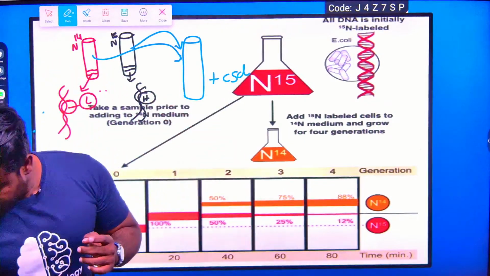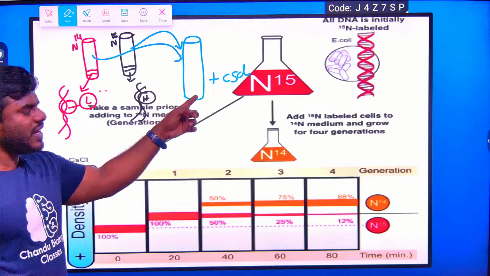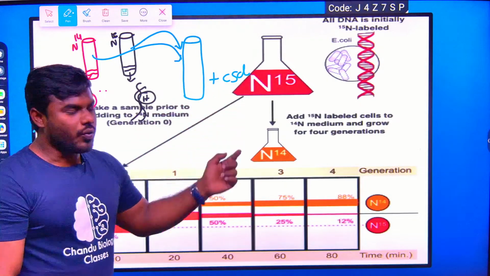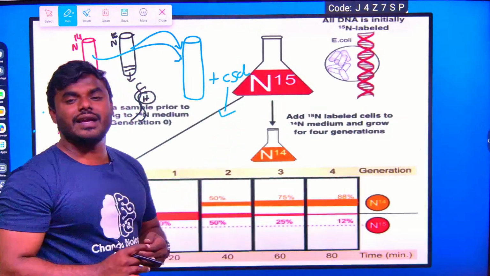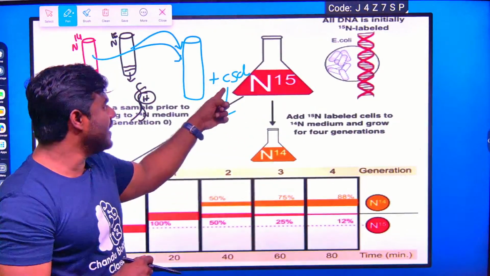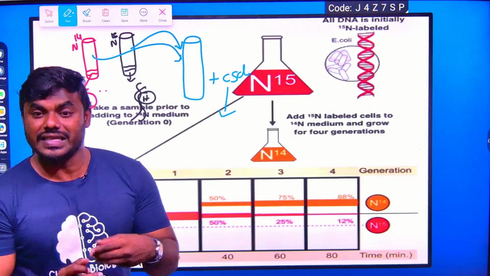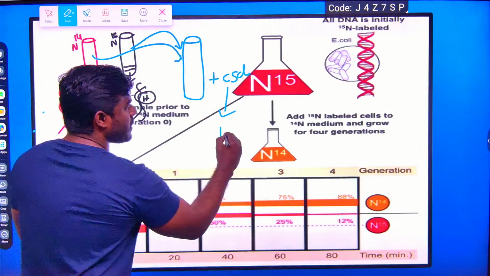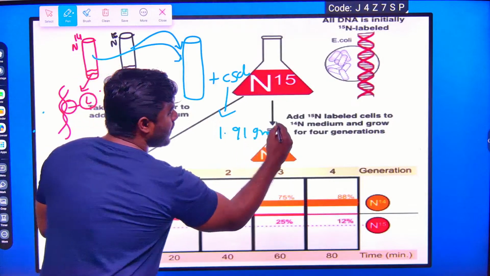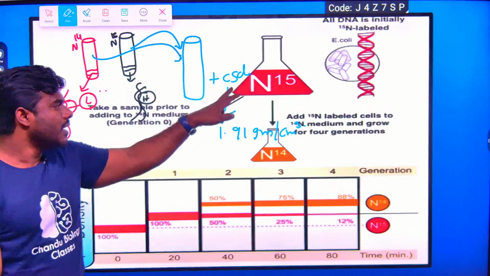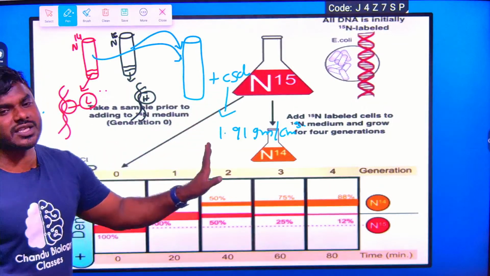Now the question is, we have many salts, so why have we added only cesium chloride? One of the major reasons is that the density of the DNA and the density of cesium chloride are almost similar. Density means weight gradient, which is 1.91 gram per centimeter cube. No need to remember that. Just remember that both densities are similar.